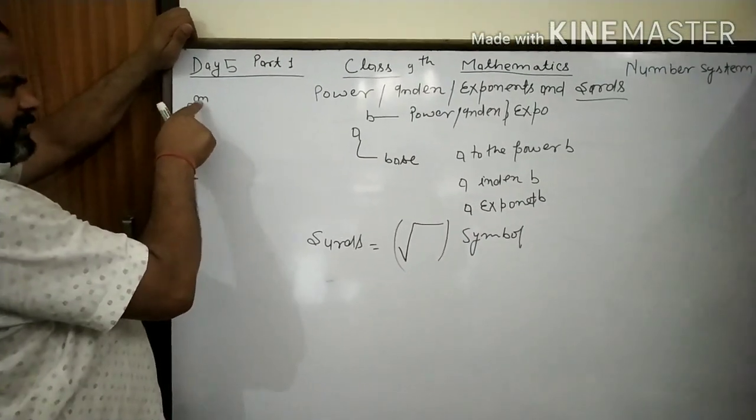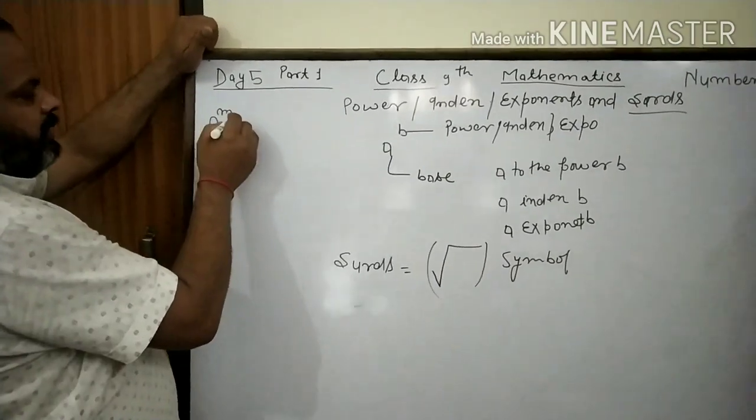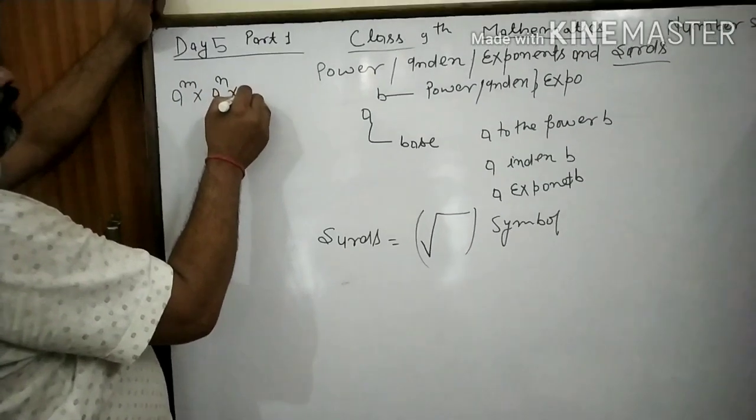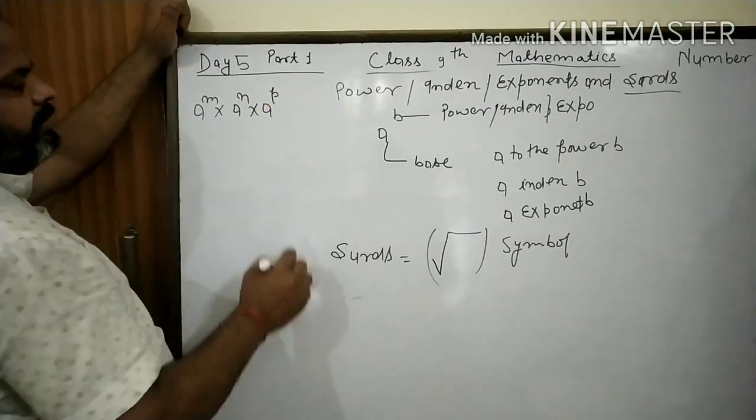Here a is the base and m is the power, into a to the power n, into a to the power p.